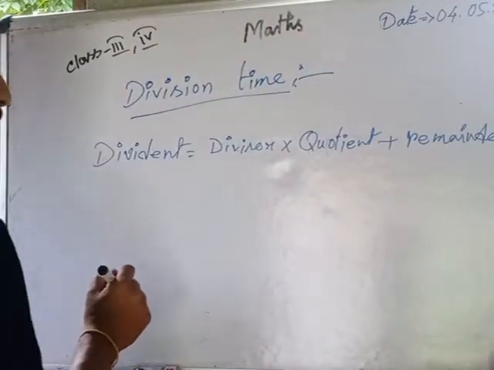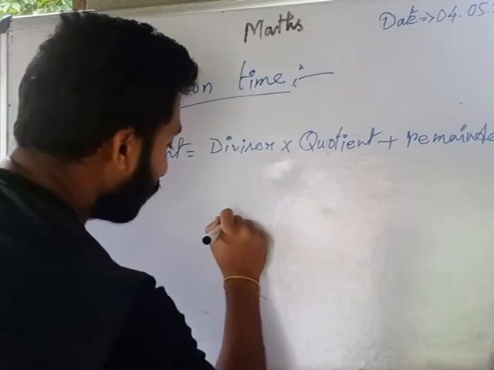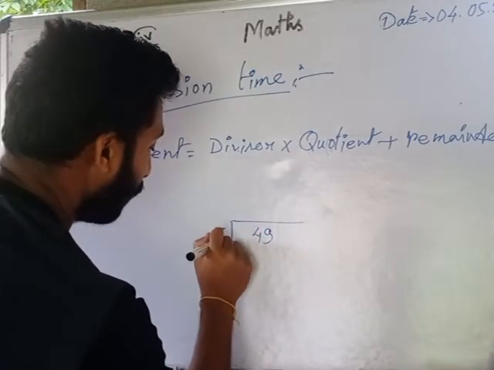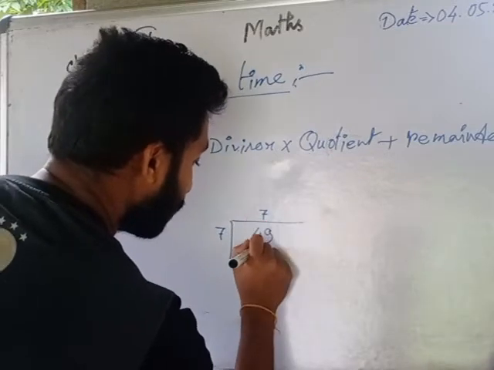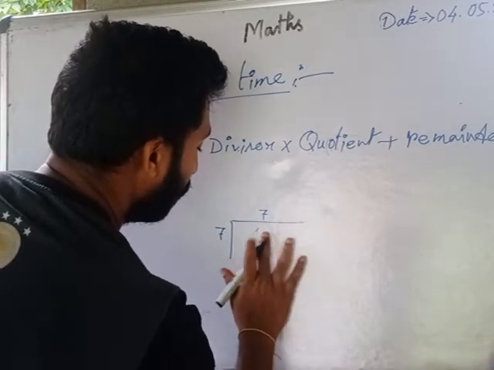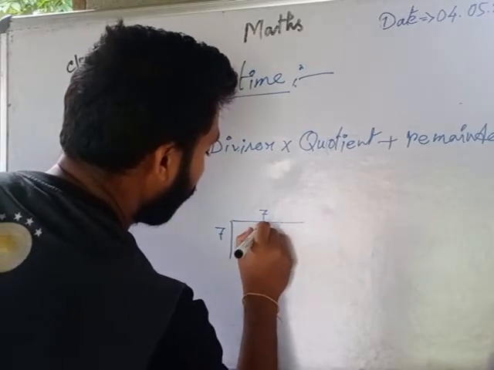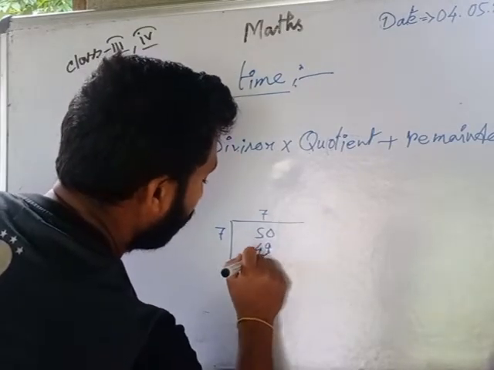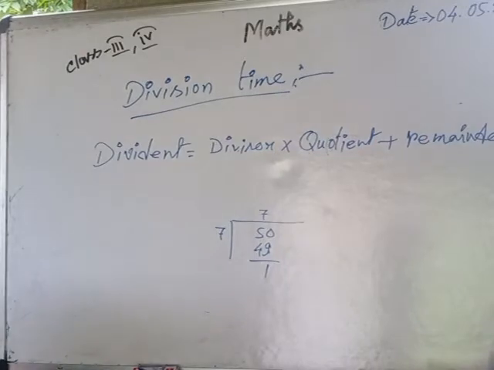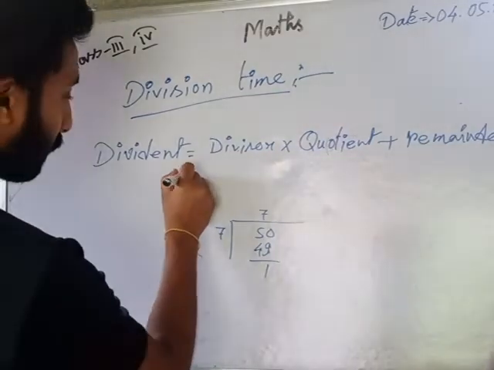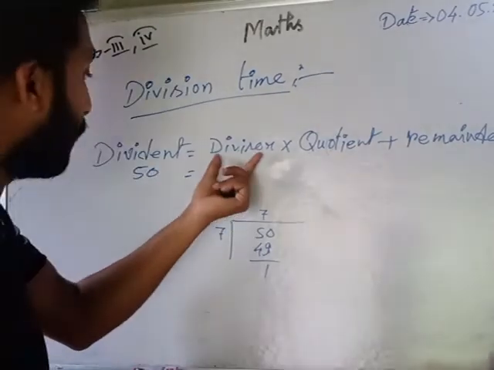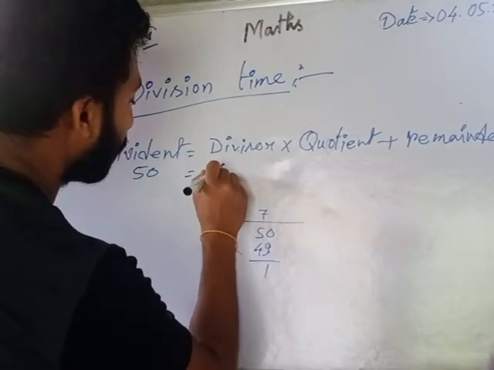Okay, suppose it is 49. 7 sevens are 49, and 1 is left. That means 50 is here. So we should write divisor 7.